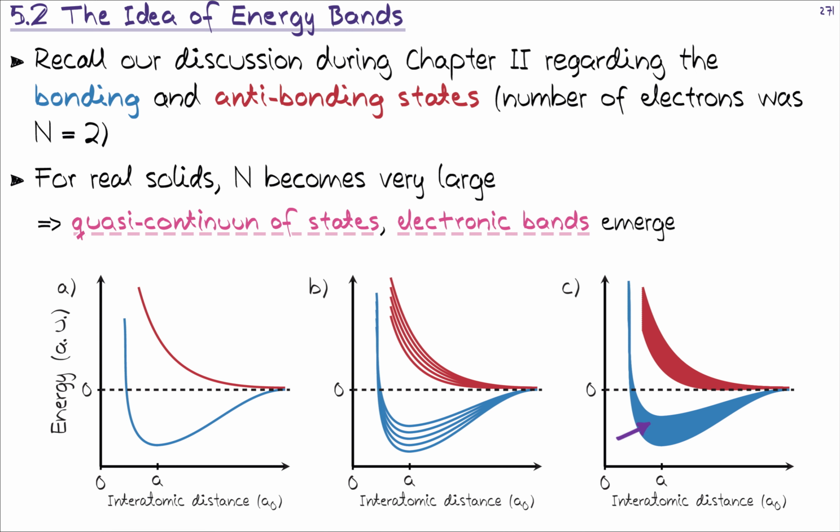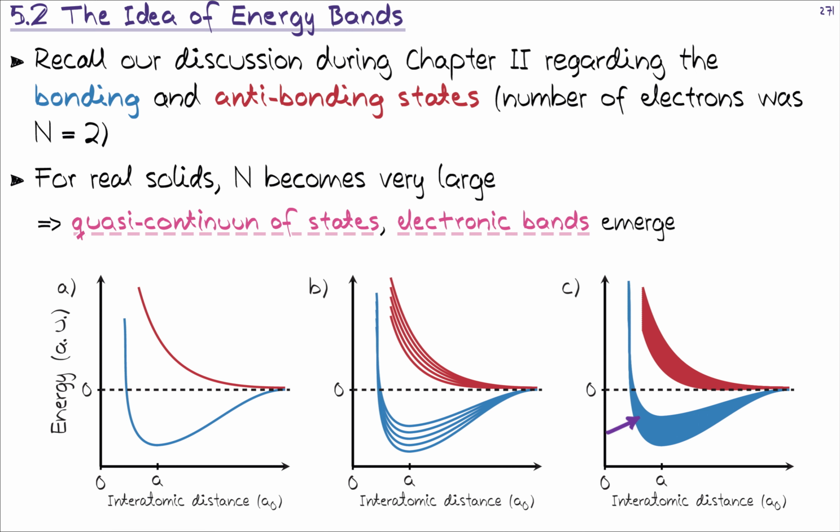And then when we have really a lot of electrons in a piece of a solid, so we really approach a realistic piece of a solid, then these discrete energy states turn into a quasi-continuum of states. And that's what we then call an electronic band and a band structure.